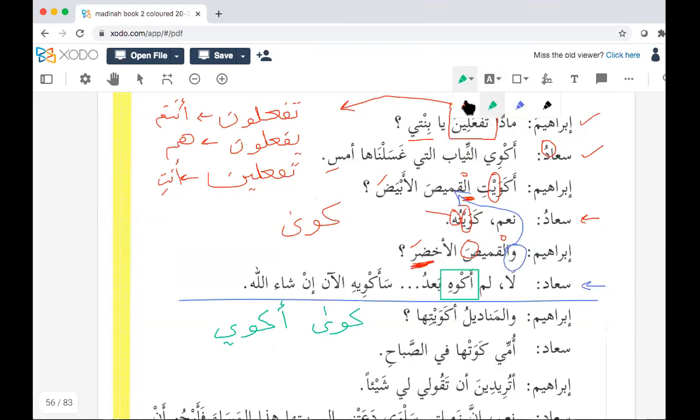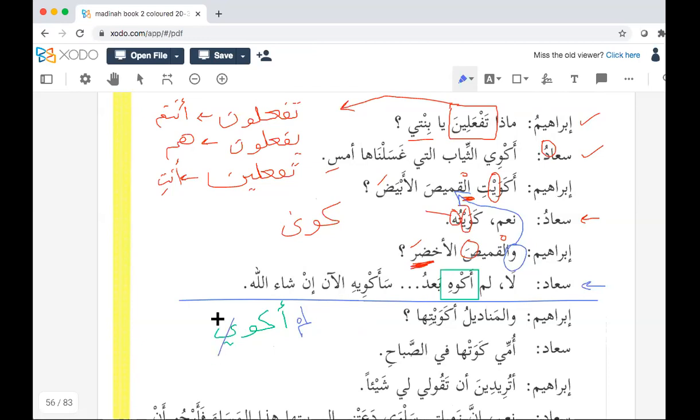Then before akwi, she said, lam. What does lam do to the fi'l mudari'? It makes it majzoom. So what's the way of showing jazm in الفعل المعتل اللام?